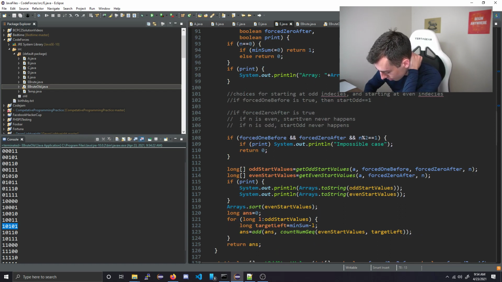So there is a 0 after. 0 after is true. There isn't a 1 before.